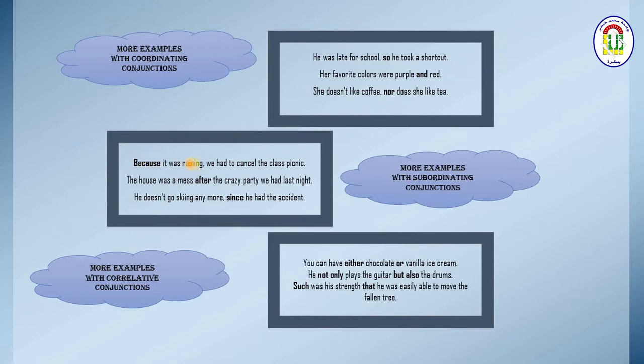Because it was raining, comma, we had to cancel the class picnic. Why do you put a comma here? Because we started with the dependent clause. So if you start with the dependent clause, always don't forget to put the comma at the end of the subordinating clause. Then we write the main clause, full stop.